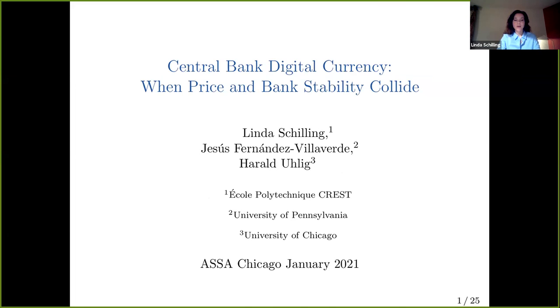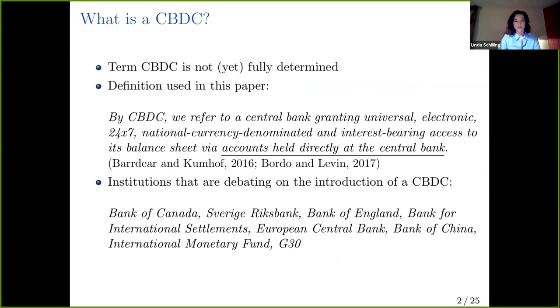Okay, so the project is about central bank digital currency, and just to put us all on the same page, let me briefly tell you a little bit about CBDC. In general, the term CBDC is not yet fully defined, not yet set in stone. So the paper today is going to talk about a CBDC in the following sense. We refer to a CBDC as citizens that hold accounts directly at the central bank in the form of demand deposits, basically.